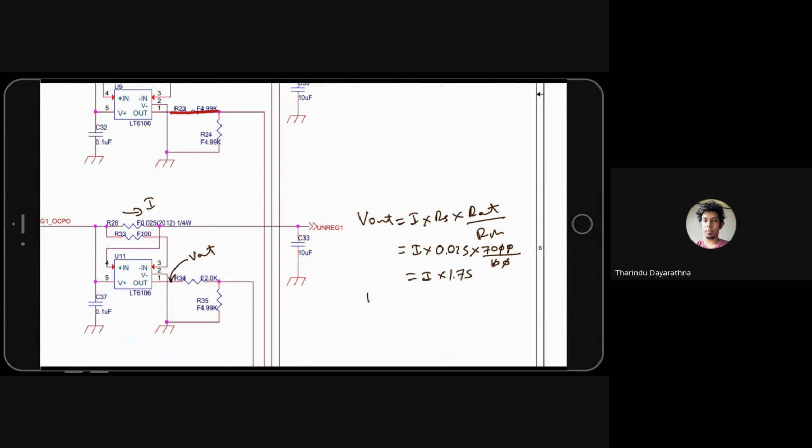If 1 ampere, V out will be 1.75 volt. If 2 ampere, V out will be 3.5 volt. If 3 ampere, V out will be 1.75 multiplied by 3, how much is that?